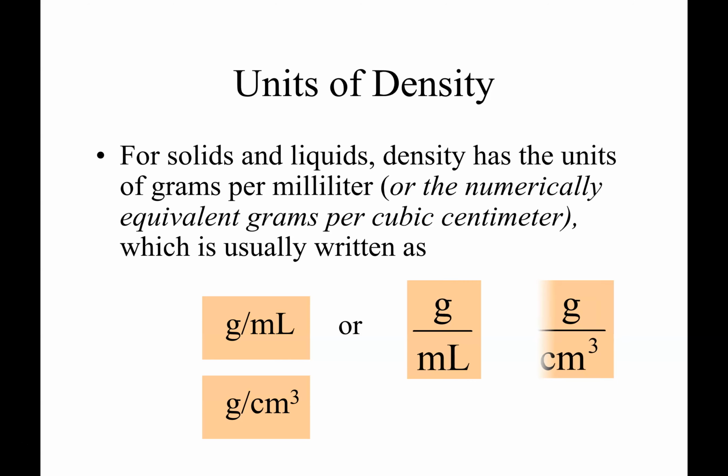Now, when you see me work problems using density, I'm going to kind of tee it up here, probably on Friday maybe, we're going to use density as a conversion factor, and I like to unpack that, okay?